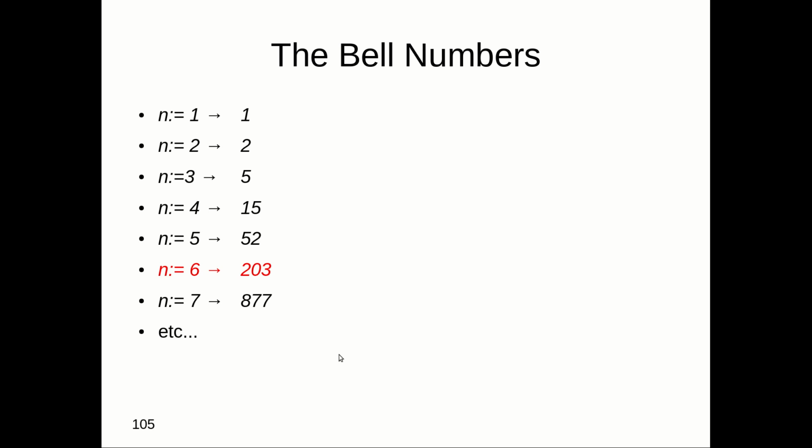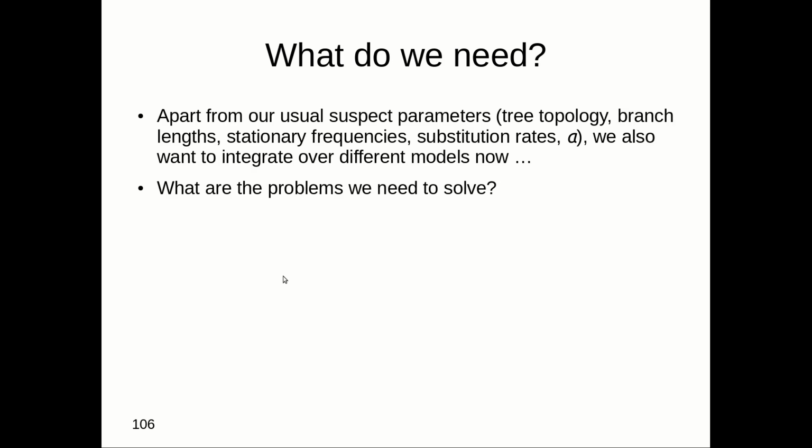But here is a table of Bell numbers. You can see that for n equals 6, for our 6 rates, there are 203 distinct possible models of nucleotide substitutions. Those contain all the named models, like GTR, Jukes-Cantor, HKY85, etc.